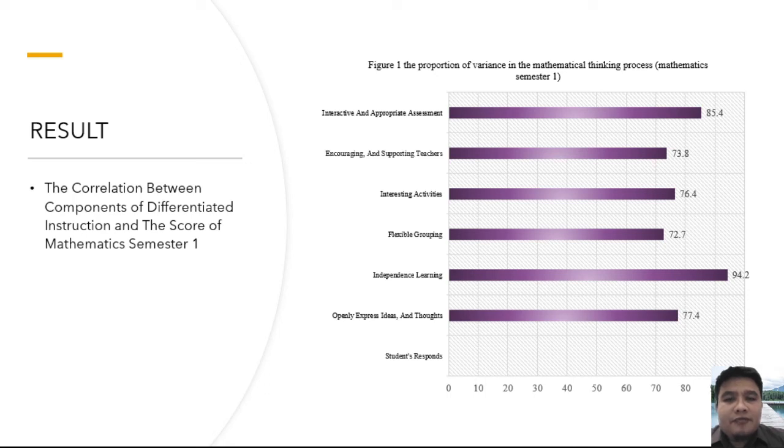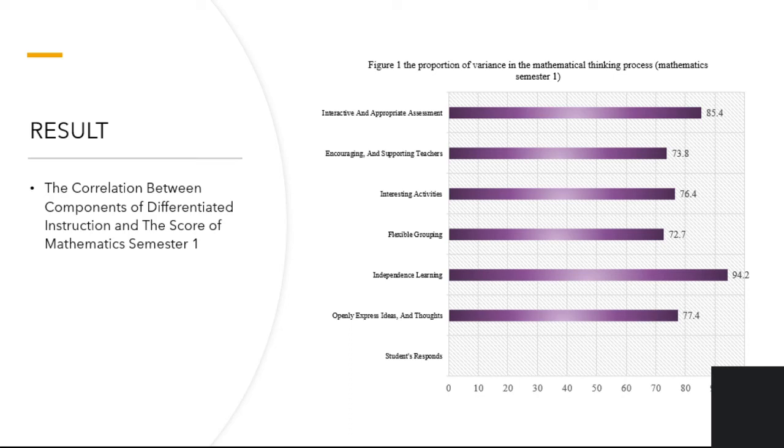This is figure number 1, the proportion of variance in the mathematical thinking process. We can see here the R squared value is the proportion of variance in the dependent variable which can be predicted from the independent variable.